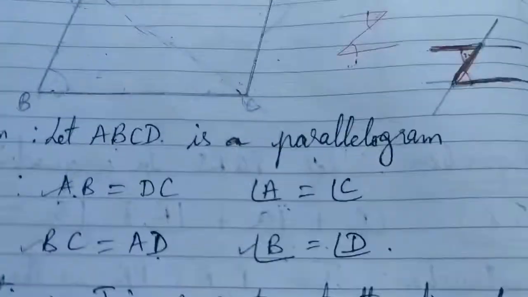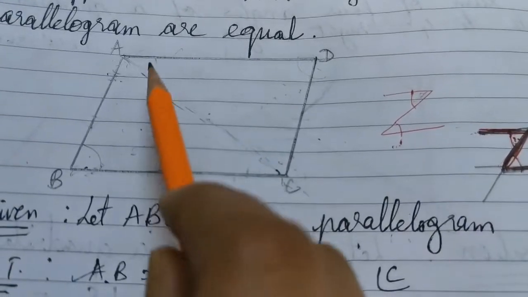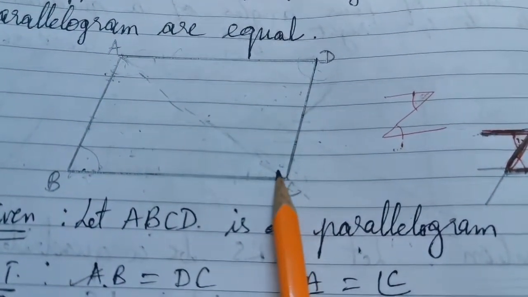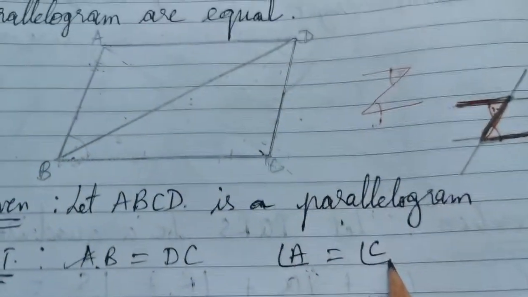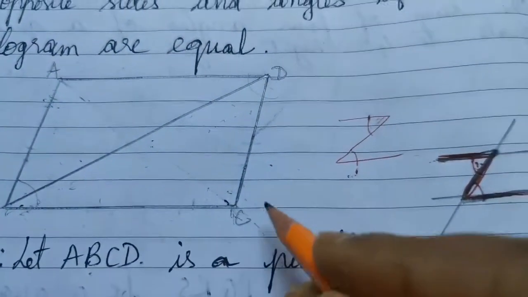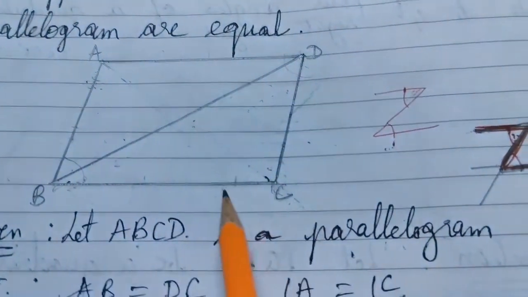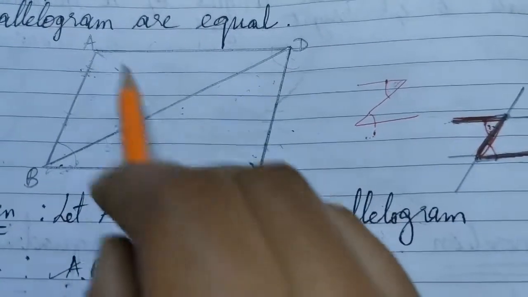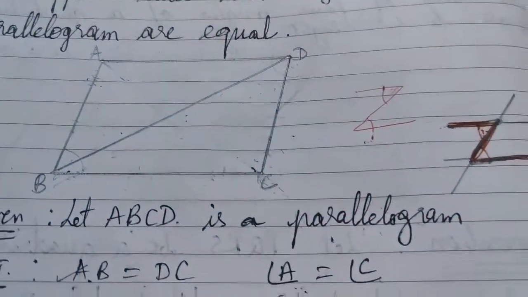So to prove angle A is equal to angle C, we will need angle A and angle C as a whole in the two triangles. So now instead of joining AC, I will join my diagonal BD, the second diagonal.